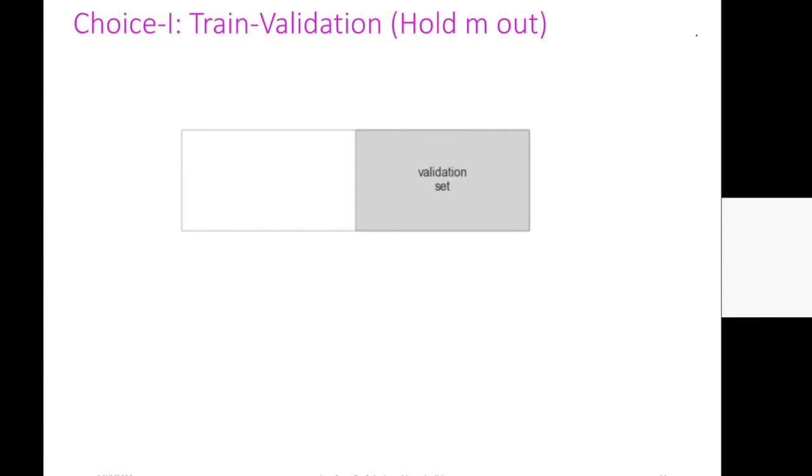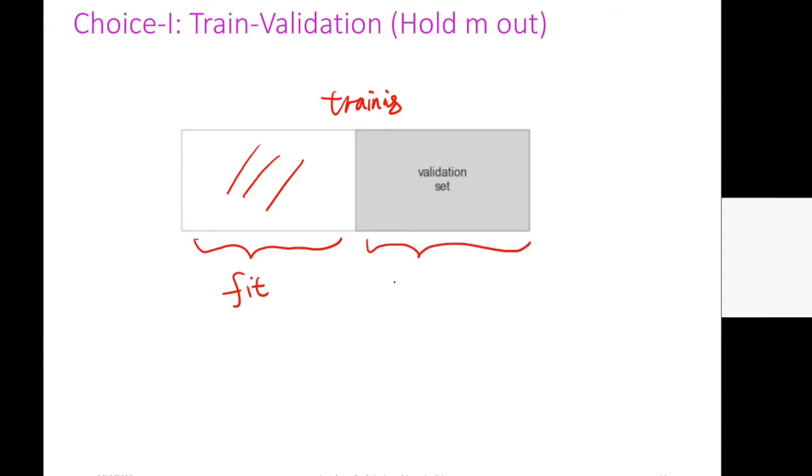All right, so let's see what the train validation split is. It's very, very simple. You just split your training data into a part for fitting and a part that you hold out, and this is called your validation set. You use this part to do the fitting, and you use this part to do the model selection.